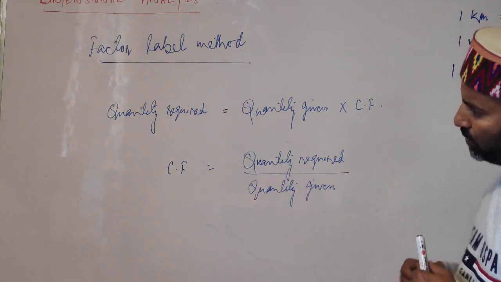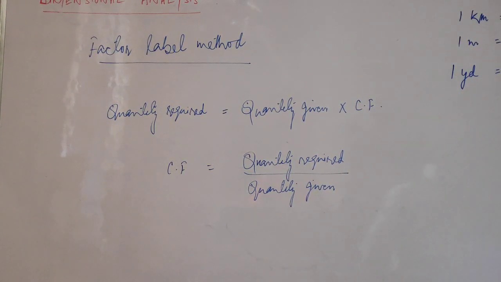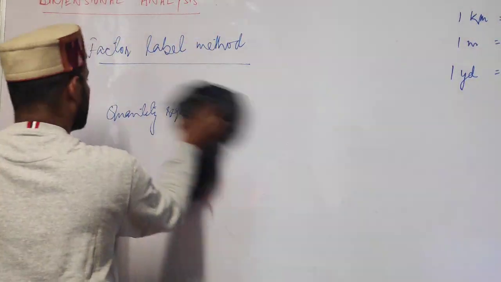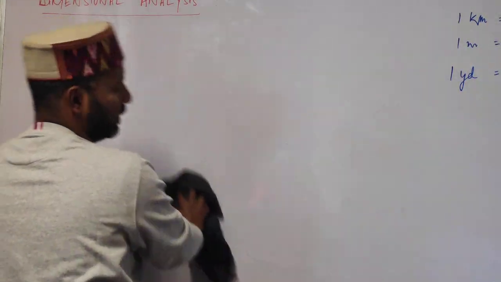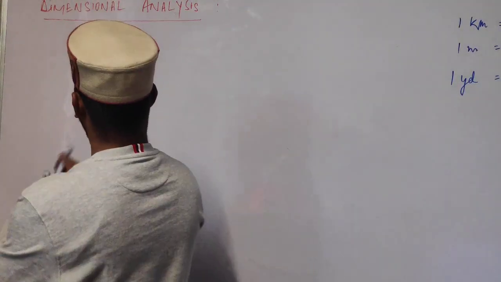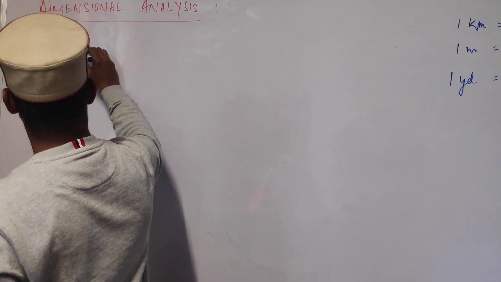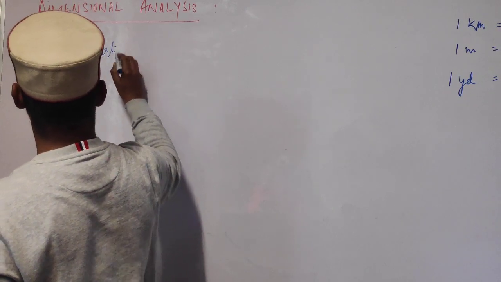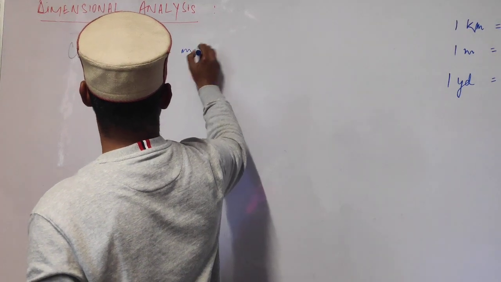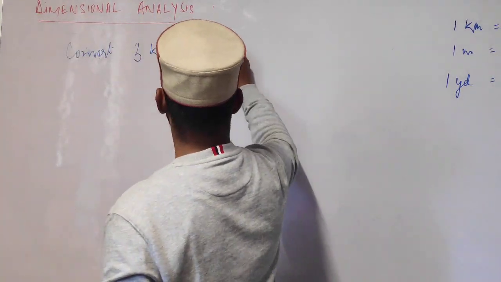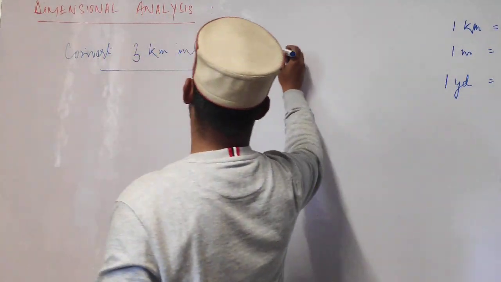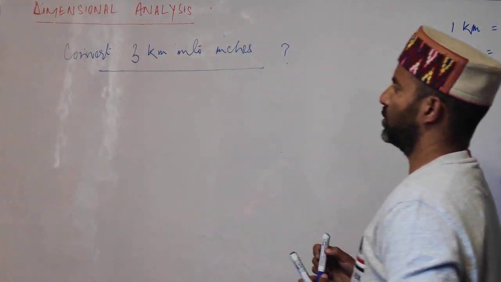Now students, to explain this, I will give an example in the form of a question and understand it. Say the question is, convert 3 kilometers into inches. Means how many inches are there in 3 kilometers?